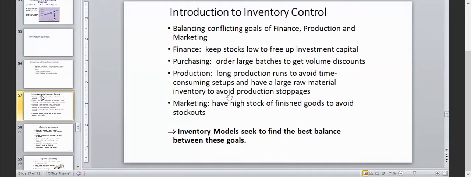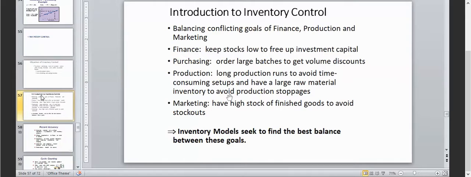So why? Because when we control the inventory, not only the service level and the cost associated with inventory management, but we also have to balance the goals of the departments in the organization.